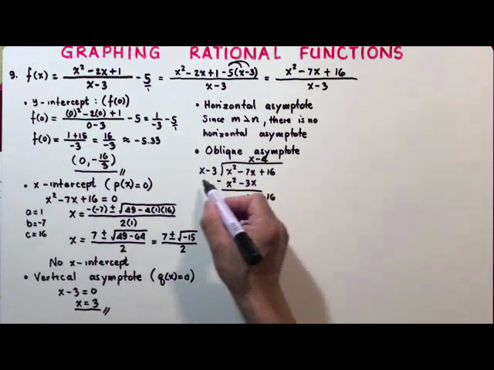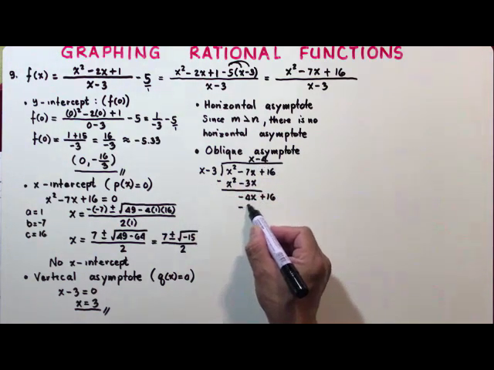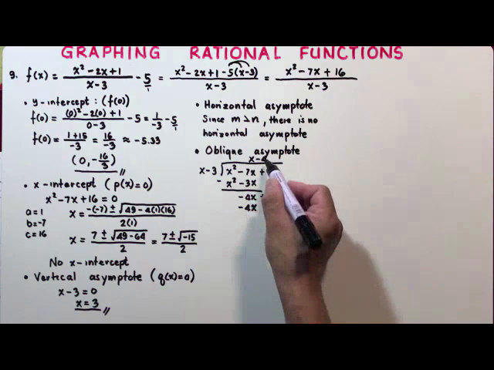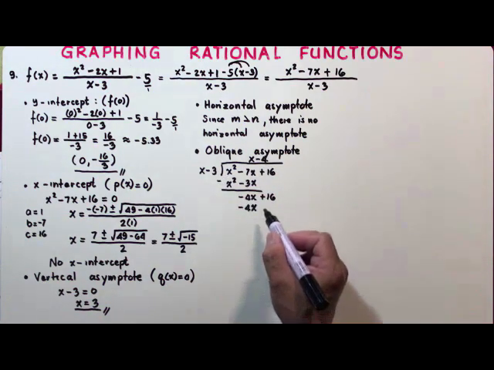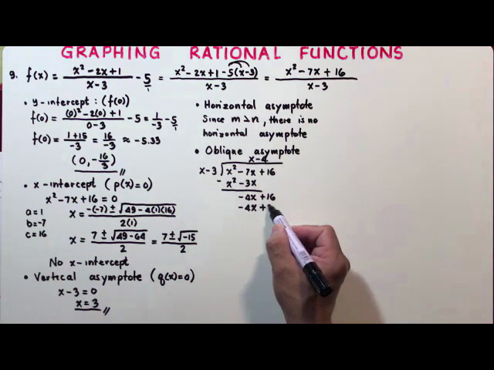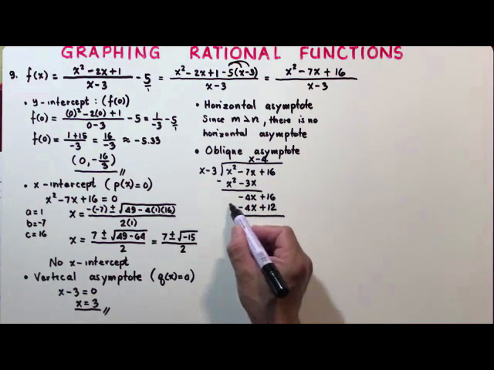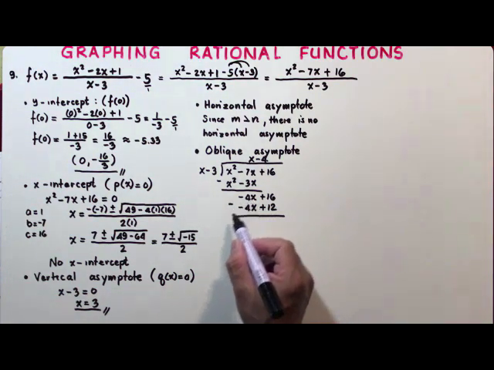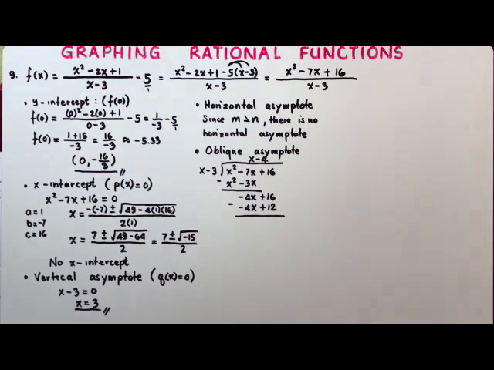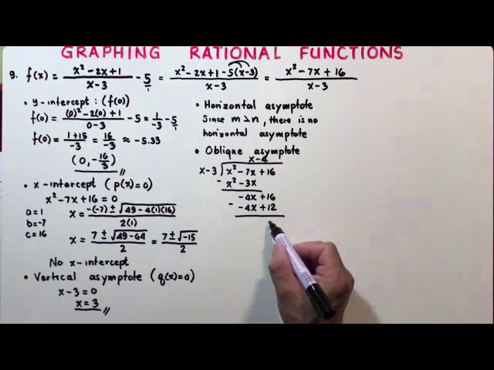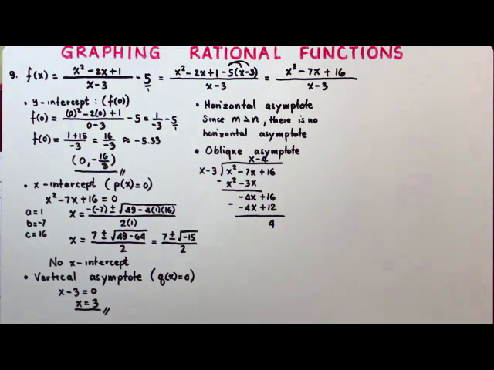So minus 4 times x is minus 4x, and minus 4 times minus 3 is positive 12. And then subtracting this one again here, minus 4x minus the negative 4x is 0. So 16 minus 12 is 4, so it has a remainder of 4.